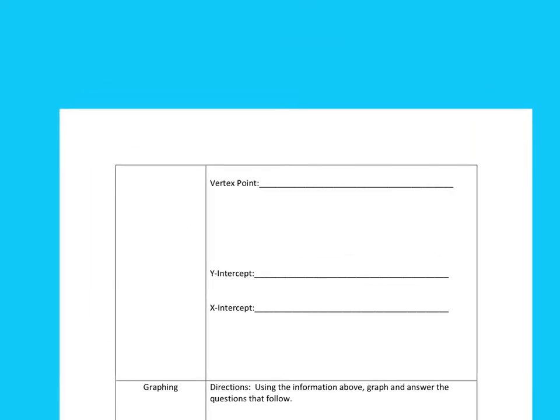So now we want to find our vertex point on this. Okay? So using that same equation, I'm just going to write it at the top of here just so I don't have to keep on flipping pages. So y equals x squared minus 2x minus 3. Okay? And we said our line of symmetry was what?